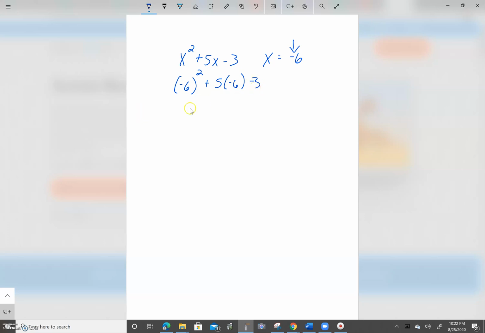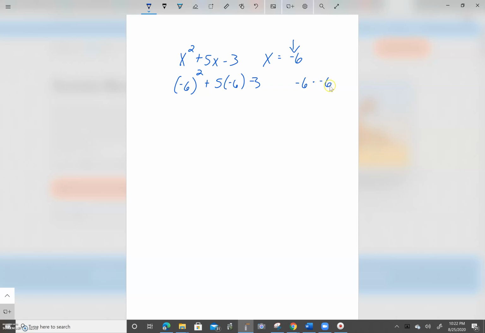Okay, so in this case, we don't really have any operations happening inside the parentheses. We just have really values or numbers inside those parentheses. So we're going to skip right on over to exponents. So this first one, negative 6 squared, and this is where it's important to remember that's really negative 6 times negative 6.